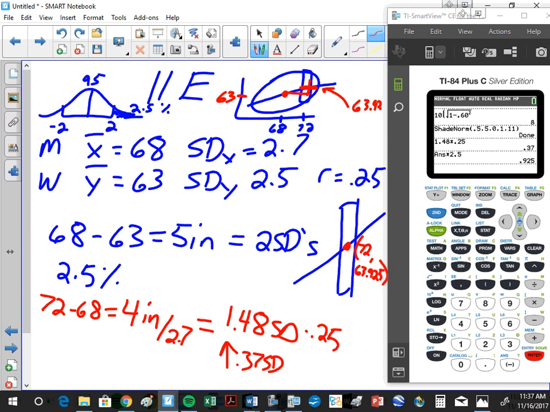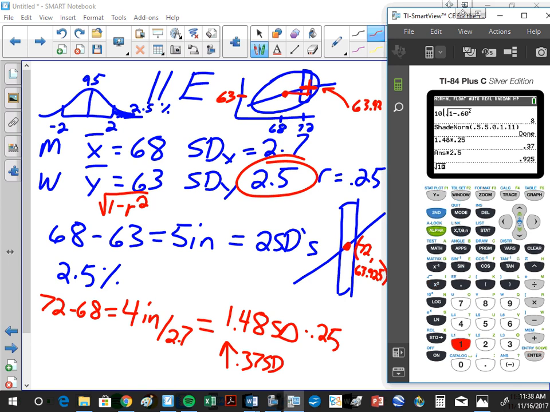Okay. Now I need the SD of this strip, which is easy. The SD of the strip is 2.5 unless r is less than 1, and then it's smaller than 2.5. How much smaller? It's always the square root of 1 minus r squared smaller. So we take the square root of 1 minus 0.25 squared.